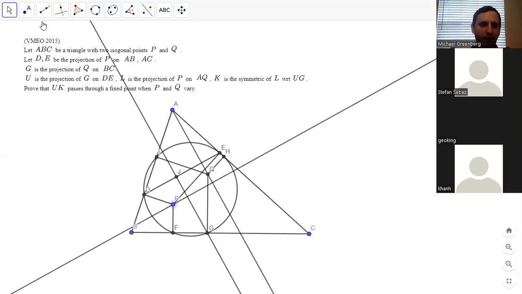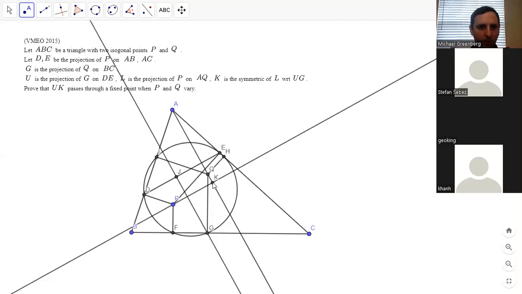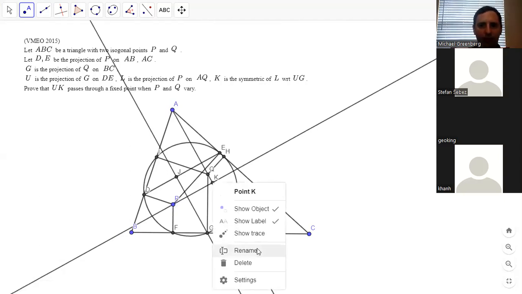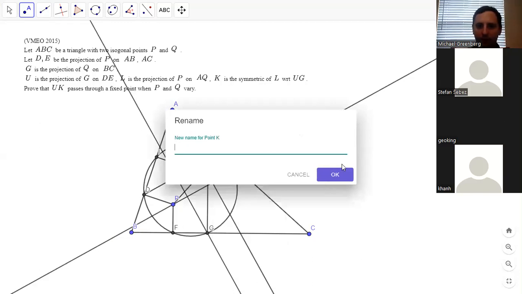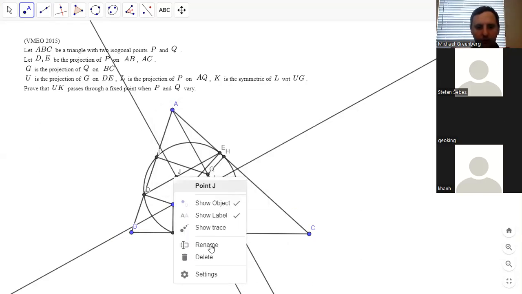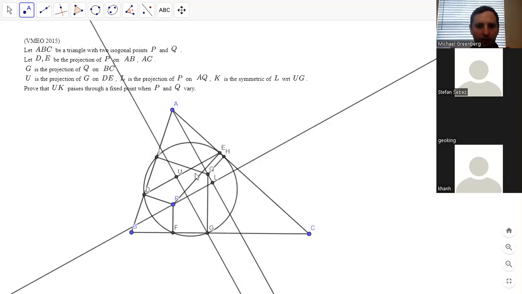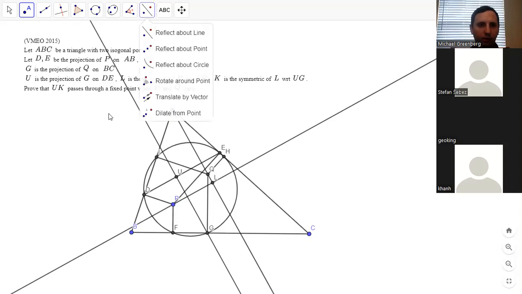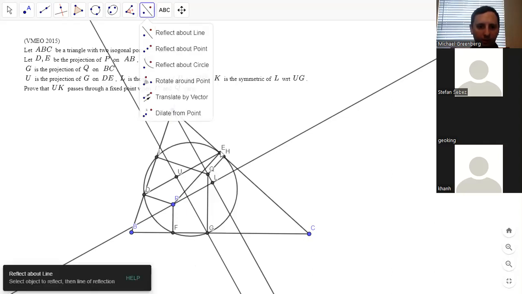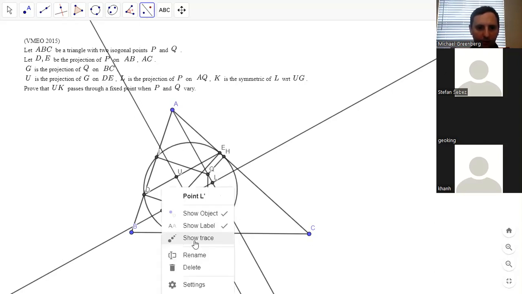Okay, something like that. So this is L. And then U is the projection of G onto DE. And then we draw the reflection of L over UG. We call it K. Prove that UK passes through a fixed point.